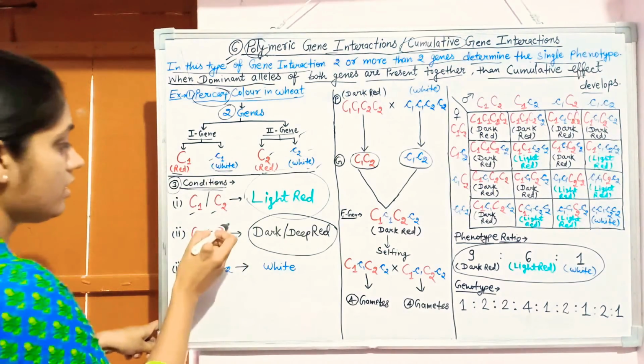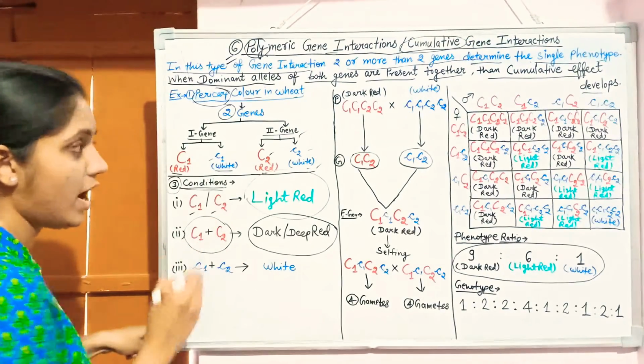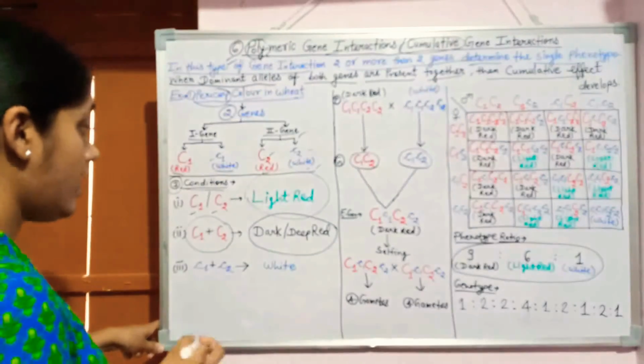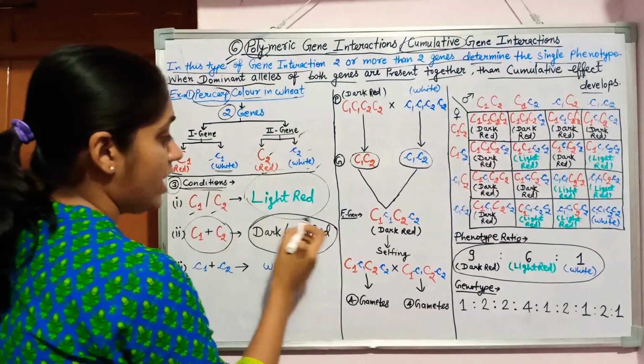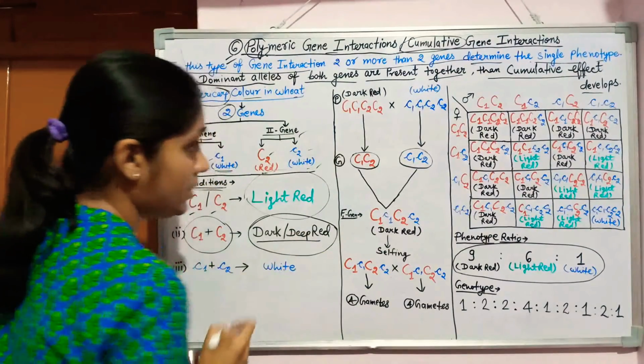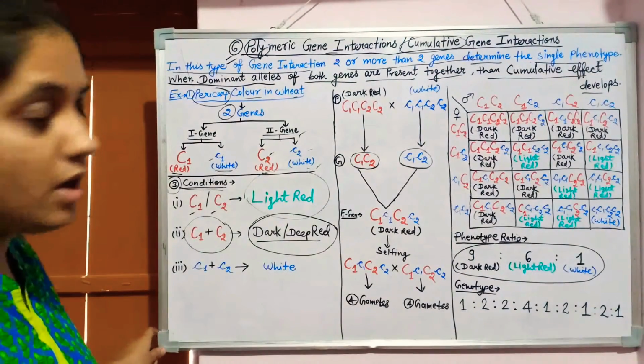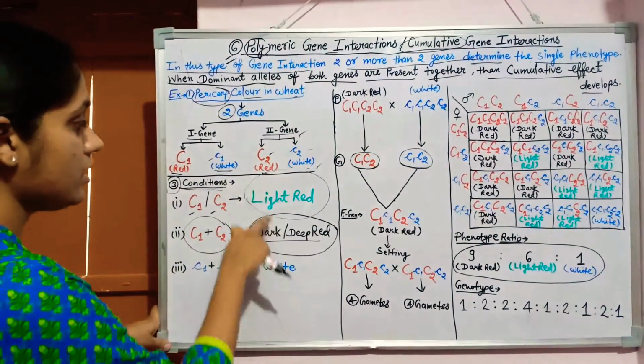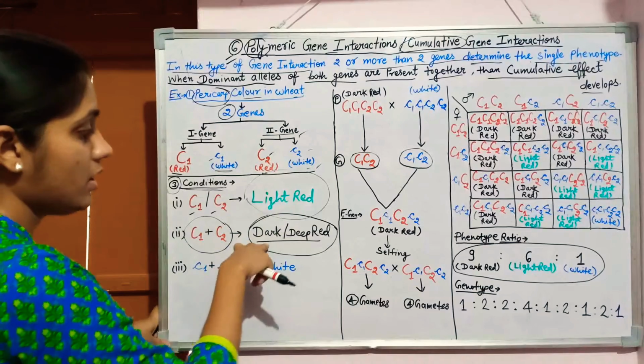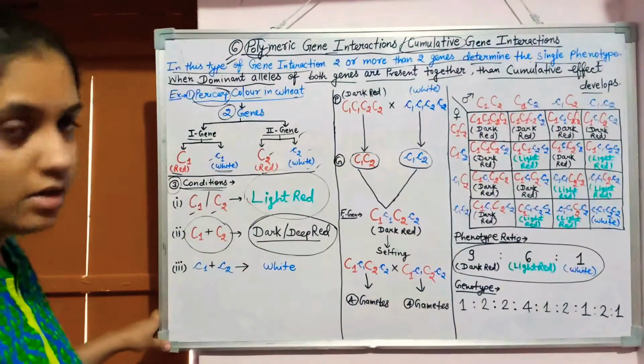When C1 and C2 are present together, then the pericarp color is dark or deep red. So remember, here the color is light red, but here it is dark or deep red.